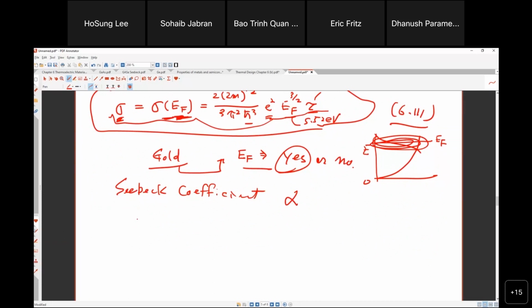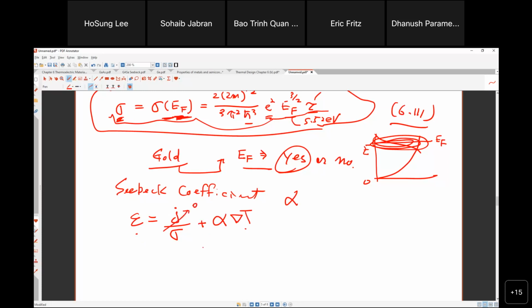So the electric field, electric current, and electrical conductivity, and the relationship between Seebeck and temperature gradient. The temperature gradient is associated with the electric field if there's no current.